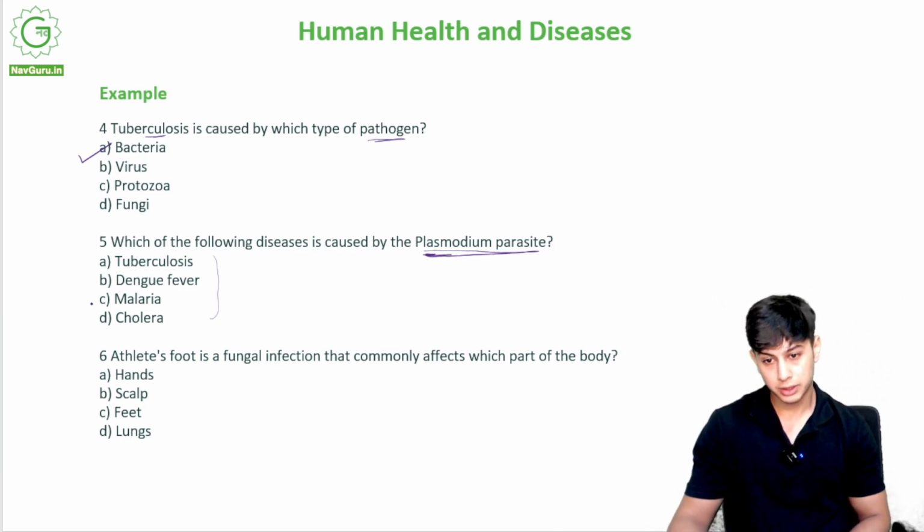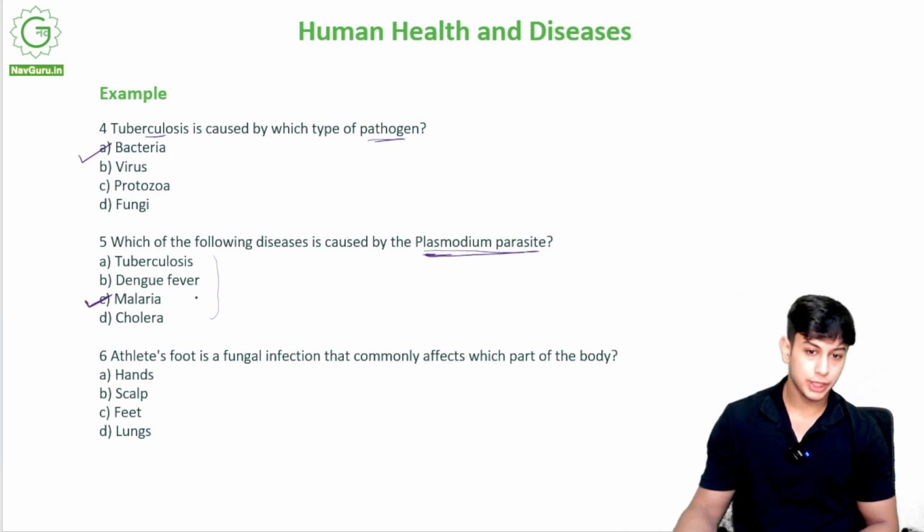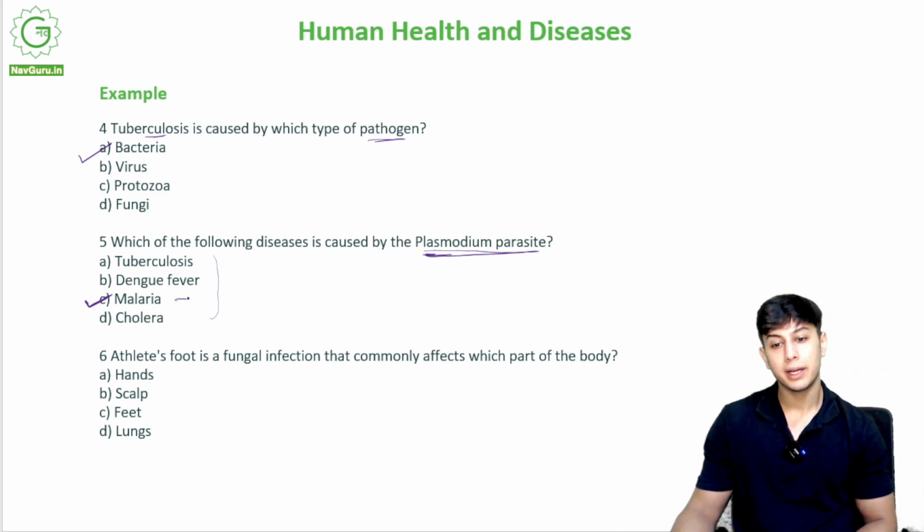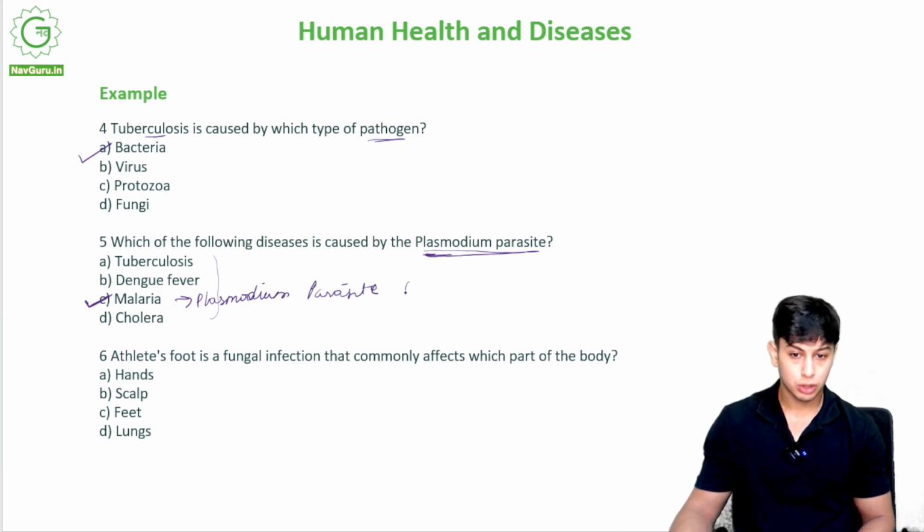So the correct option is C, malaria. Okay, we know what mosquito transports it, right? But what is it transporting? What type of parasite is it? It is Plasmodium. Remember, Plasmodium parasite causes malaria.